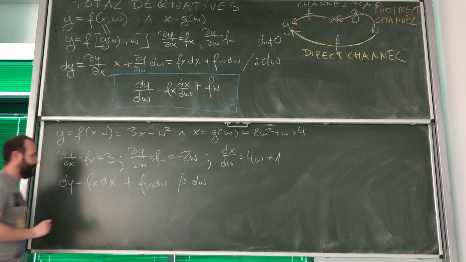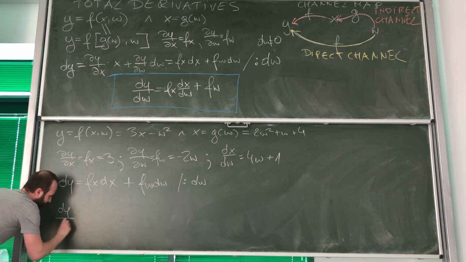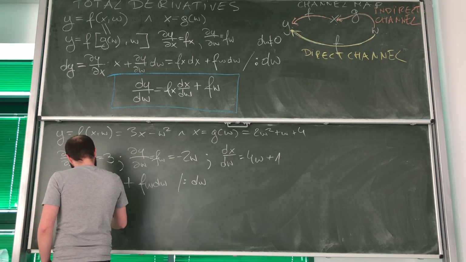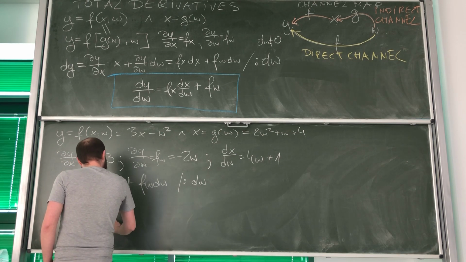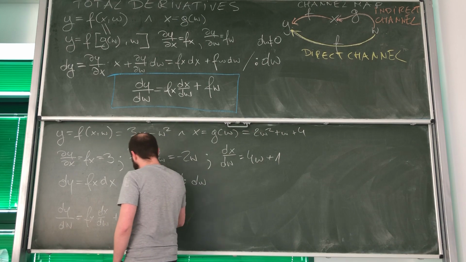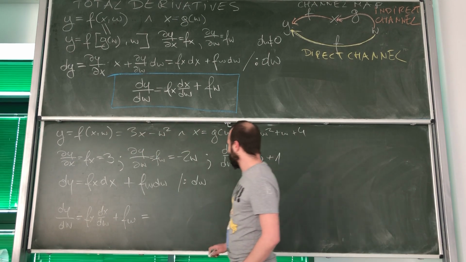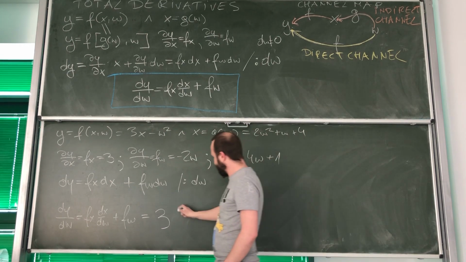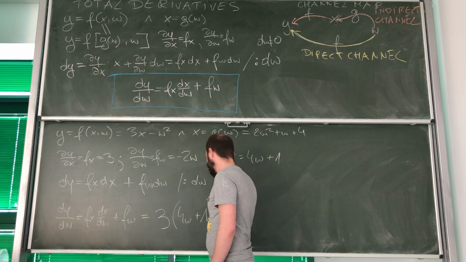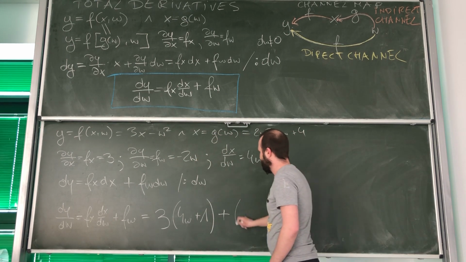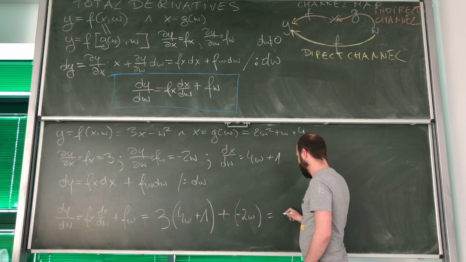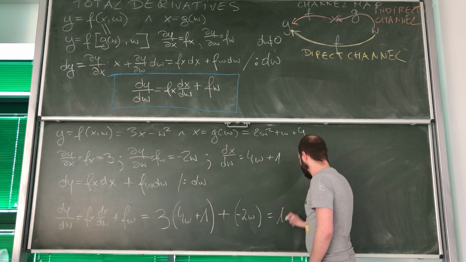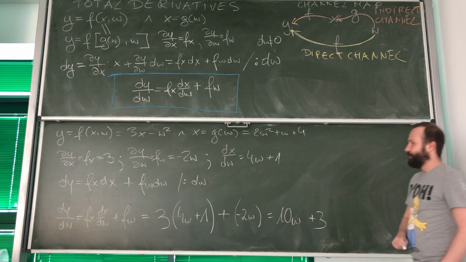Dividing both sides through dw gives us dy dw equal to fx dx dw plus fw, and this is 3 times 4w plus 1 plus minus 2w, or simply this is 12w minus 2w, this is 10w plus 3.